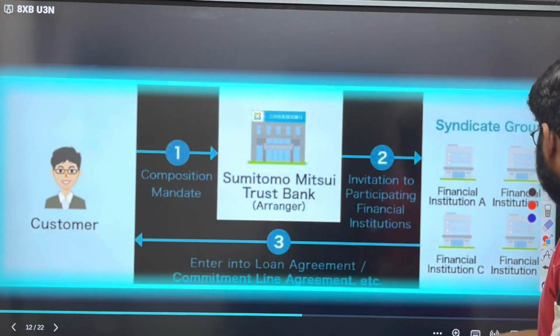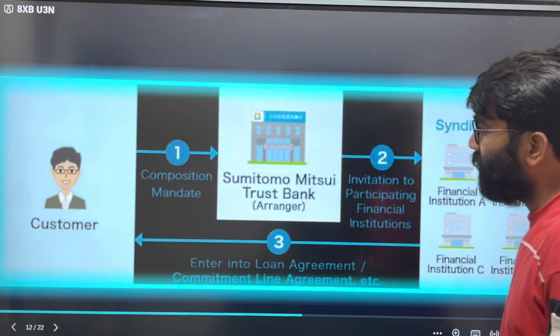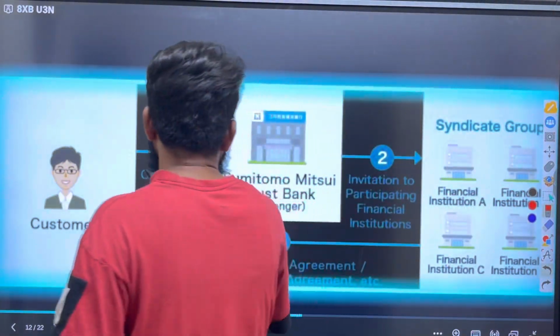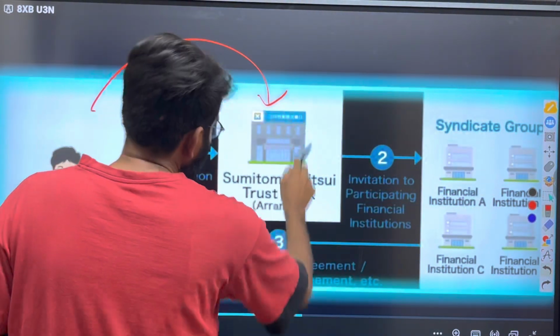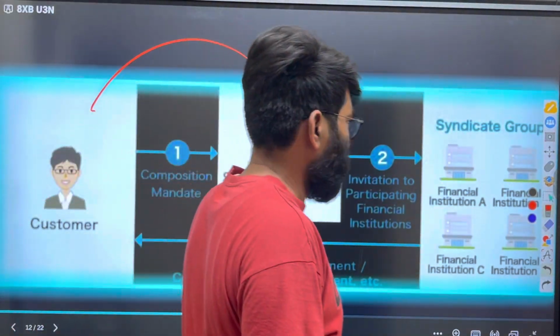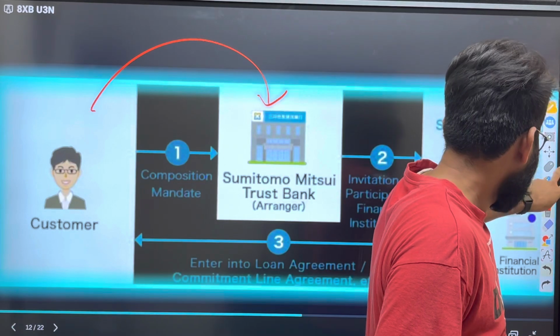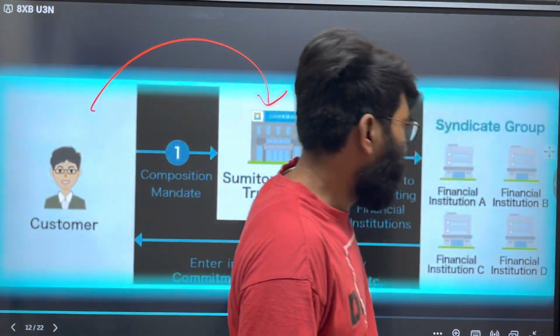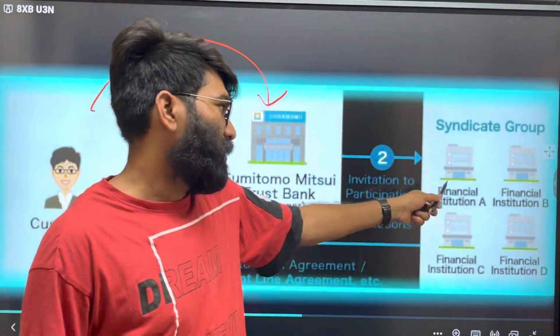So through this example, you would see the same customer send the request to the bank, and then the bank reaches out to the other partners and institutions.